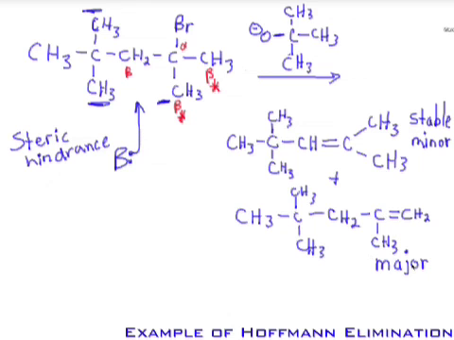And so the less stable alkene actually predominates due to the steric hindrance in the original alkyl halide. So this is one special reaction that you need to remember, and it'll be this specific molecule, where Hofmann elimination occurs and the less stable alkene is major.